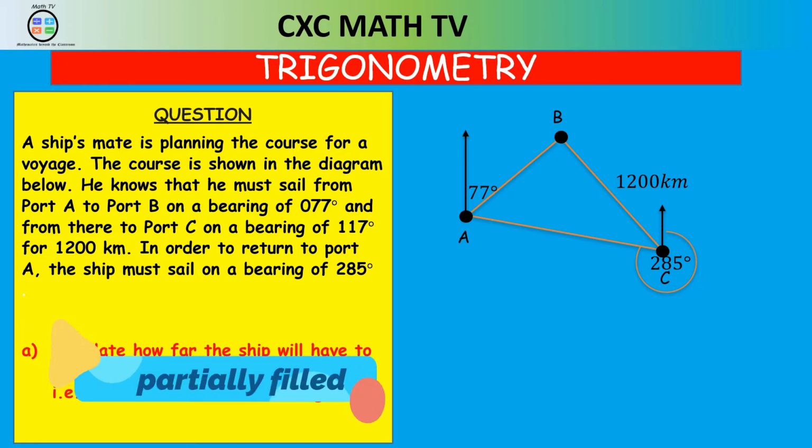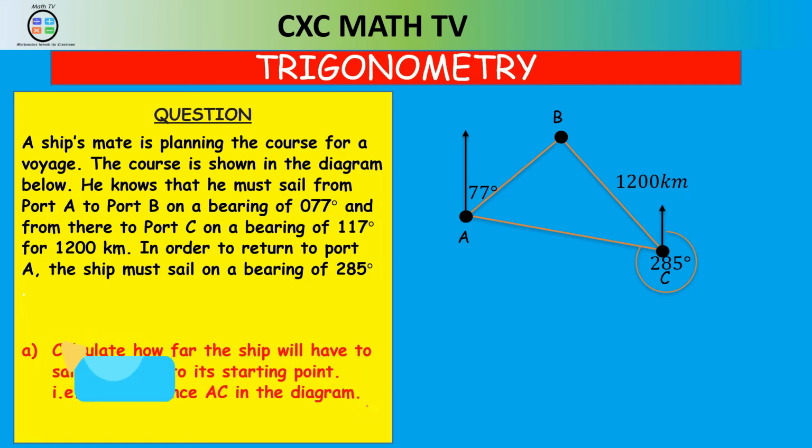They leave out the 117 degrees bearing from port B, so this is partially filled. So what we need to first do is put in that 117 degrees. So we draw our north line from B and put in that 117 degrees.